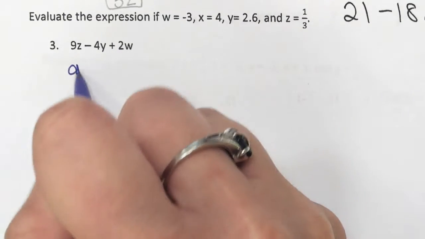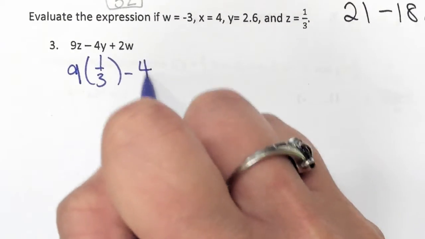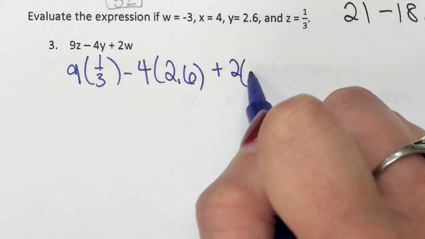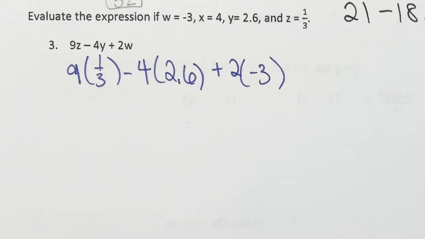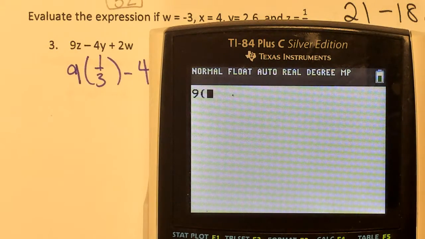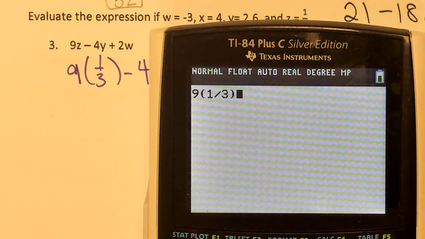All right, so we have 9 1/3 minus 4 2.6 plus 2 and -3, right? Then we're going to type that in exactly how we see it. 9 parentheses, 1 divided by 3. There is a fraction button. I'm not showing it to you yet because I want to make sure you know how to work with fractions.